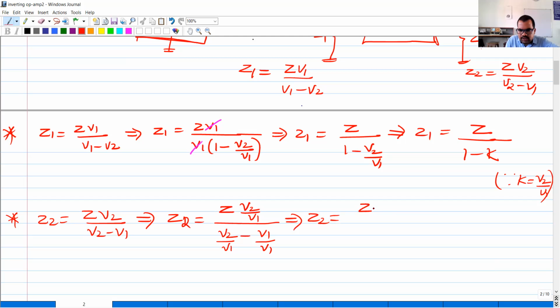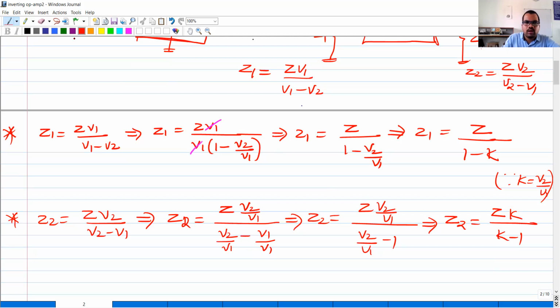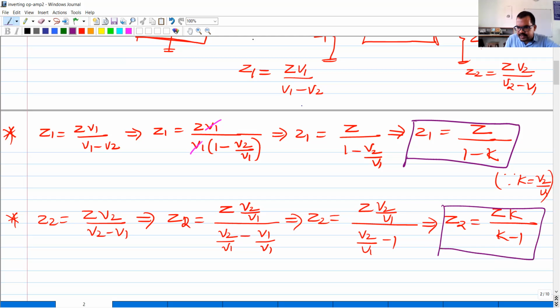So Z2 is equal to Z V2 by V1 over V2 by V1 minus 1. Finally Z2 is equal to ZK by K minus 1. So here we got the Z1 as well as Z2 impedances.